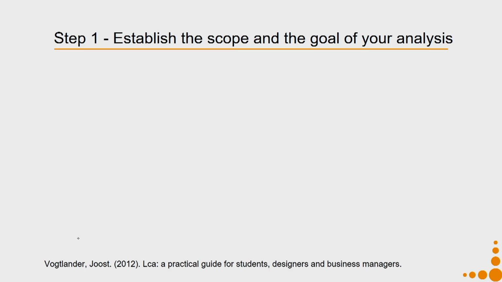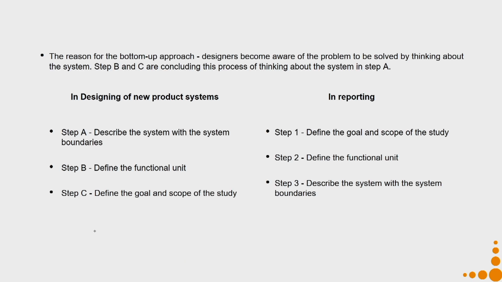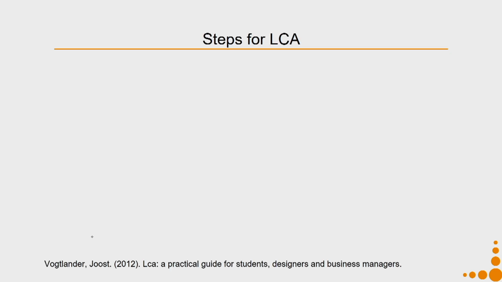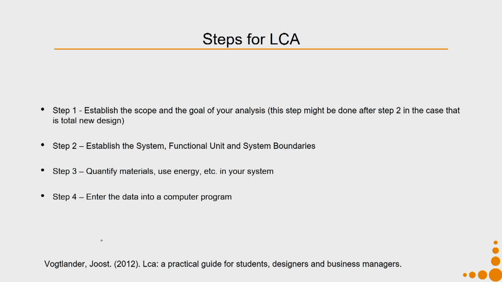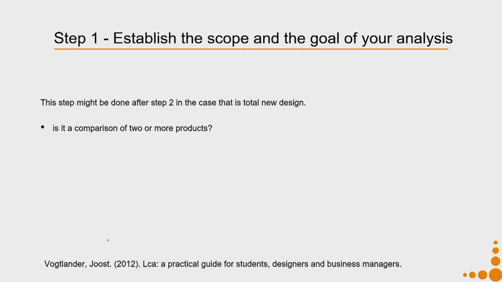So, now we will take this example of comparing a PET bottle versus a polyethylene bottle. As we discussed, our step 1 is to establish the scope and the goal of our analysis. Out of all the possibilities, in establishing the scope and the goal of our analysis, we decide that we will compare two products.